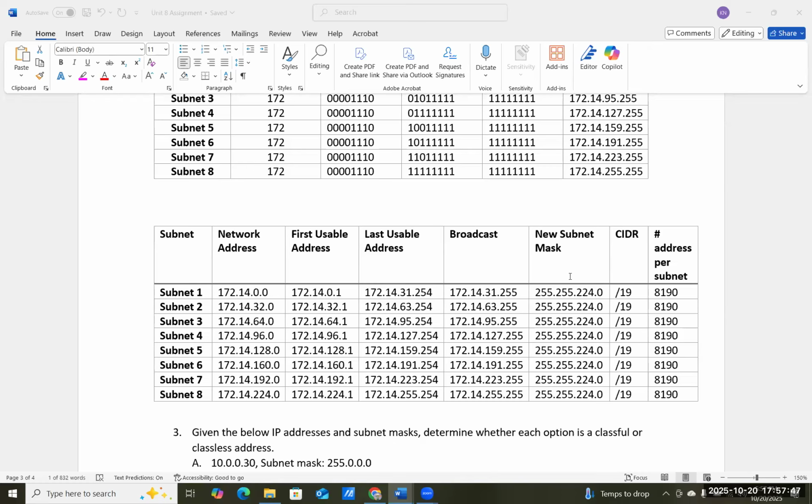If you have exponential growth, you have to figure out additional subnets to add to this IP address space, and then we start tweaking your CIDR again. So that's basically how we divide your subnet. Any questions?